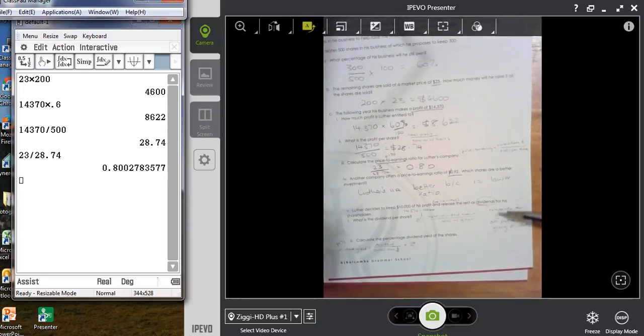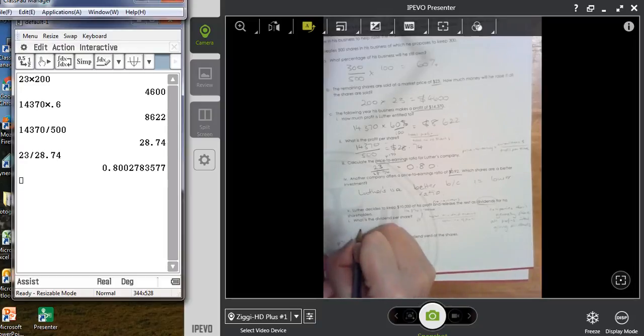The next part is, so most companies don't choose to share the entire profit, but instead reinvest some. So if we say Luther decides to reinvest $10,000 into the business, and the rest of the dividends, we then go, what are the dividends per share?